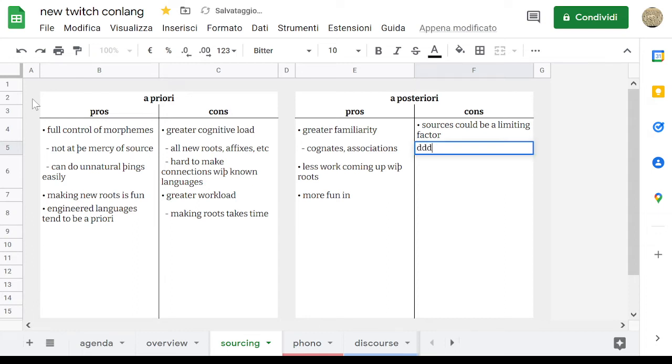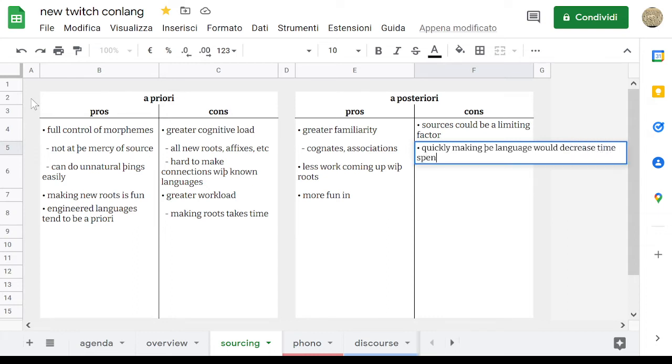If it goes faster, a con of a posteriori could be quick fatigue. Well, I mean, that could happen with a priori too if I'm fatigued by the aesthetic. That's why I made aesthetic less of a goal with this language, so that doesn't happen as much. But I guess quickly making the language could decrease time spent learning.